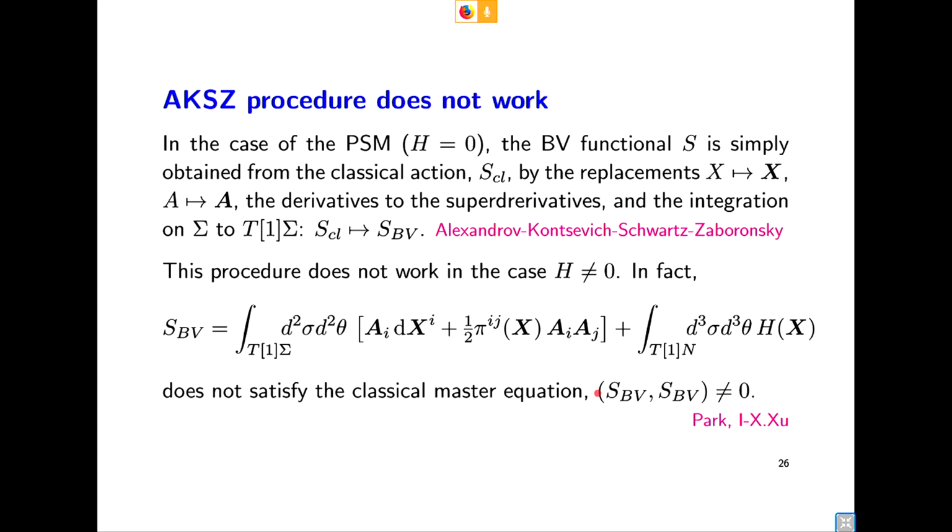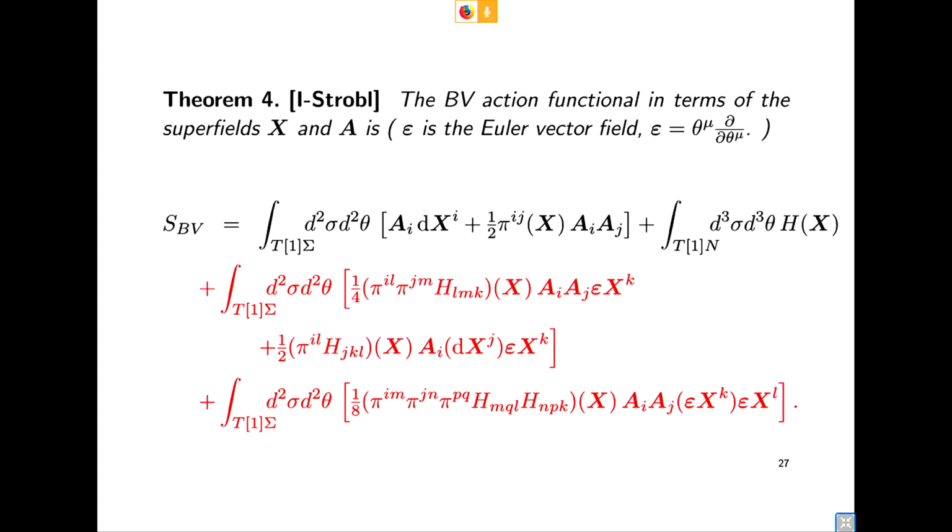But the classical master equation, we can compute the left-hand side of this bracket. It is not zero. We can easily prove that it is not zero, so this is not the correct classical BV action satisfying the classical master equation. The solution, satisfying the classical master equation, is like this.